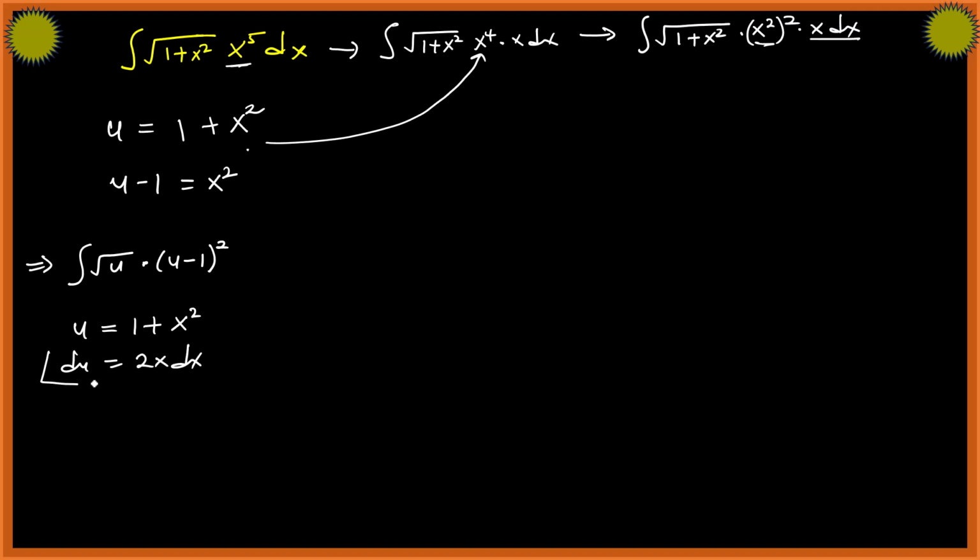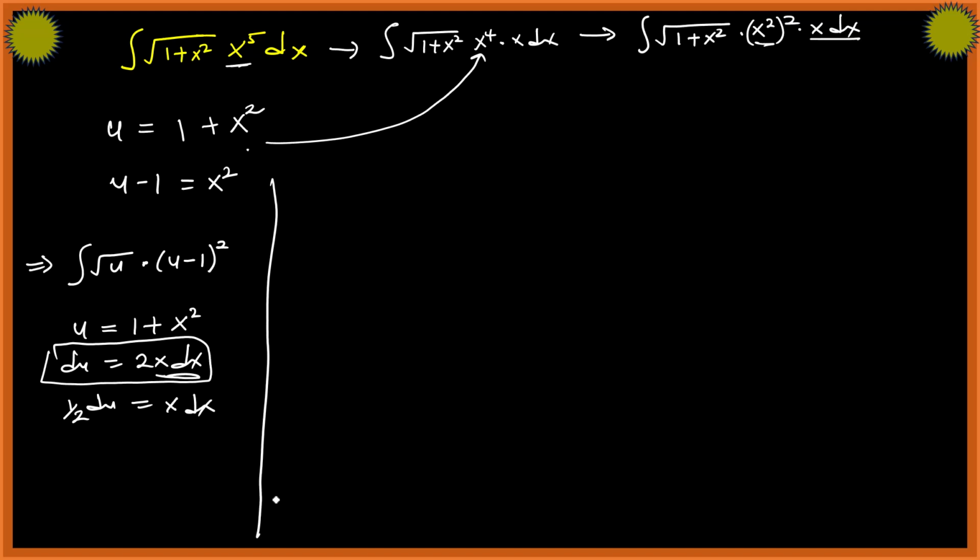Now remember we have x dx here, so we can divide both sides by 2, so this side will be half du. So in place of x dx, I'll put du on 2, or half du.